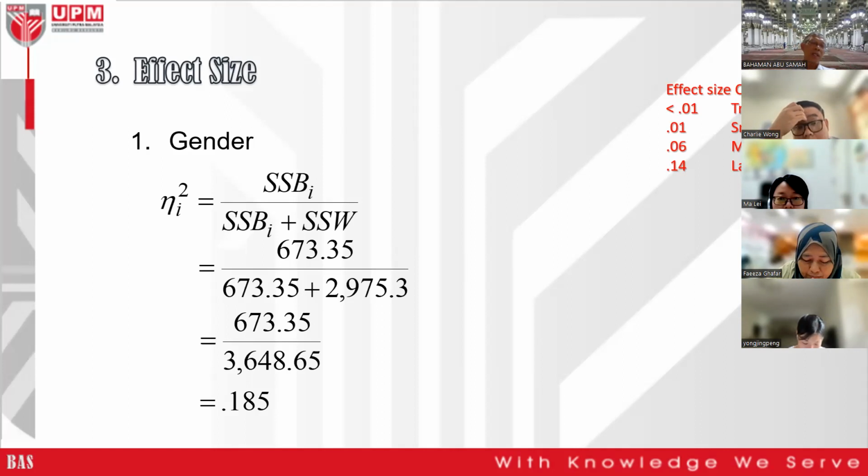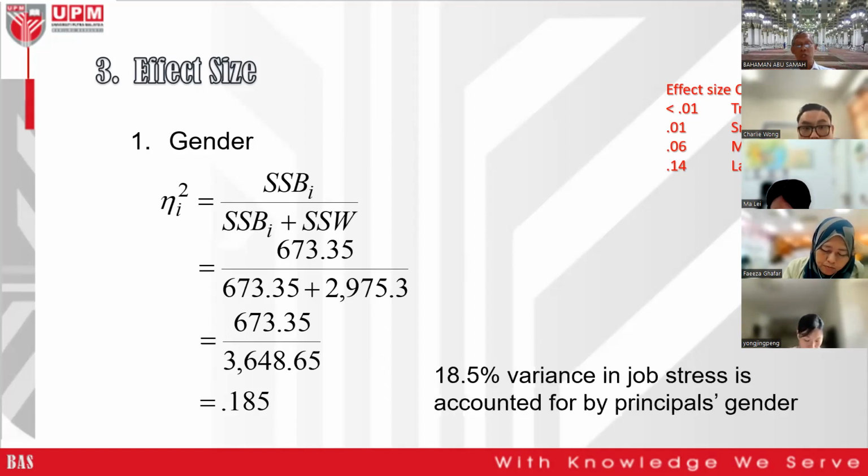Yes, we are saying that 18.5% variance in teachers' stress is attributed to the principal's gender, because the independent variable is not the teacher, it is the gender of the principal. That is how we interpret the partial eta squared for gender.